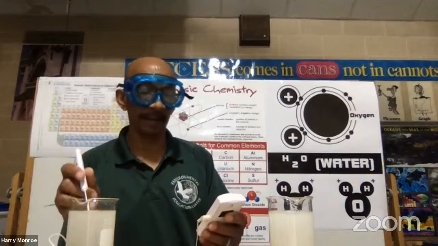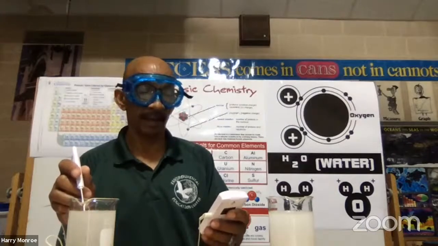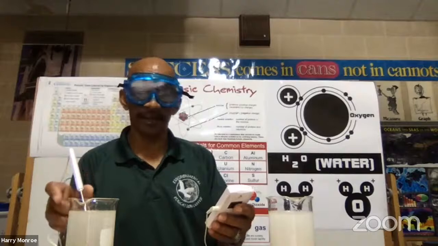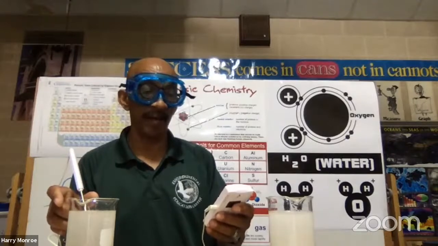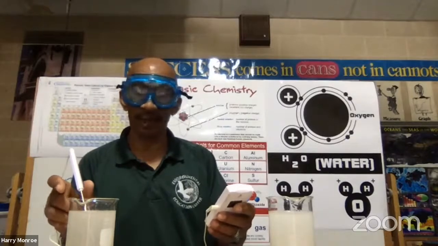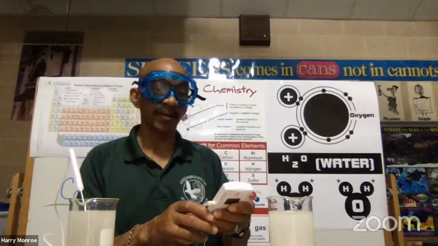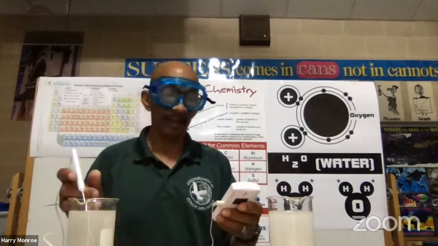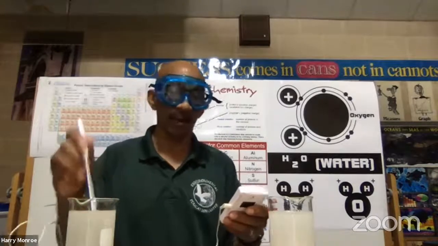Kind of fluctuating. Okay, the temperature in this beaker is now 89.0 degrees Fahrenheit. In Celsius, it's 32 degrees Celsius. Let's go over here and see what's going on in this other beaker.